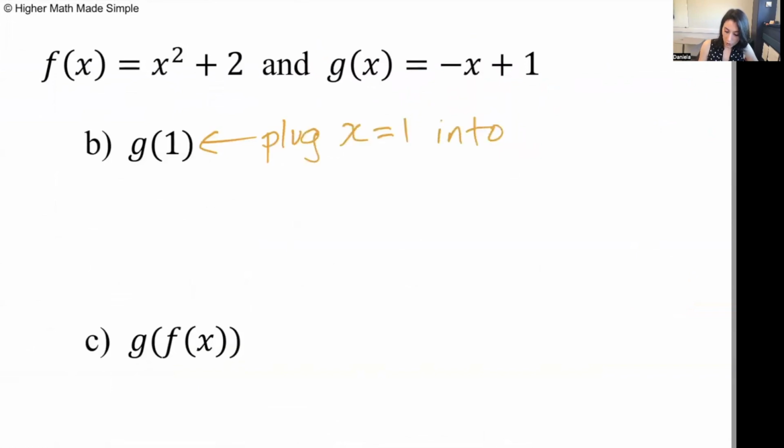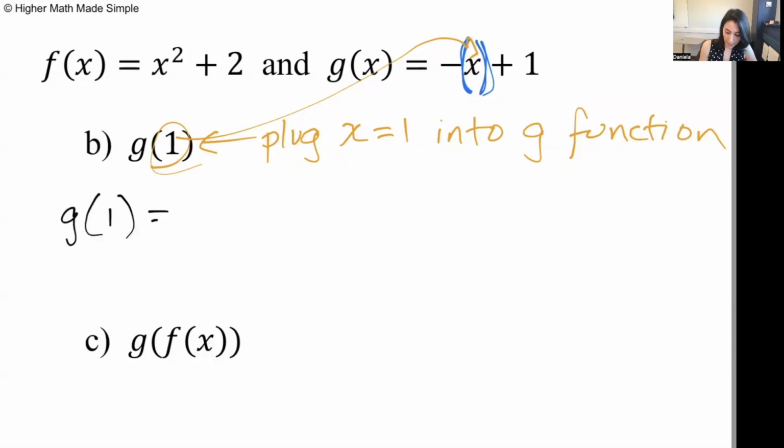now into the g function. That's what that is saying. Okay, so now be super careful. When you make a substitution, I tell people to hug parentheses around the x. Okay, so the +1 is going to be going in that spot. So if you notice, the negative sign is going to be outside of the parentheses.